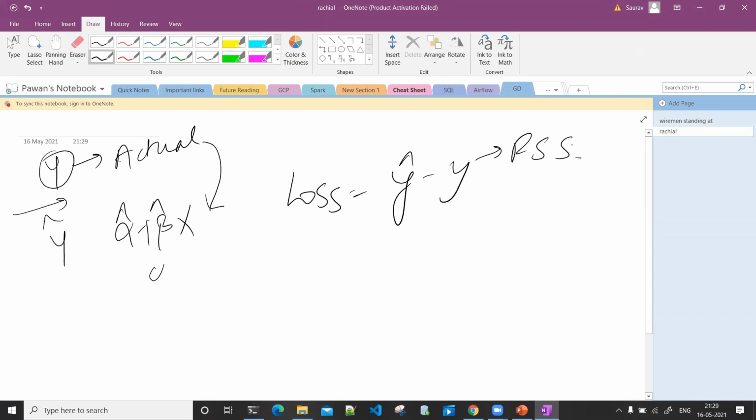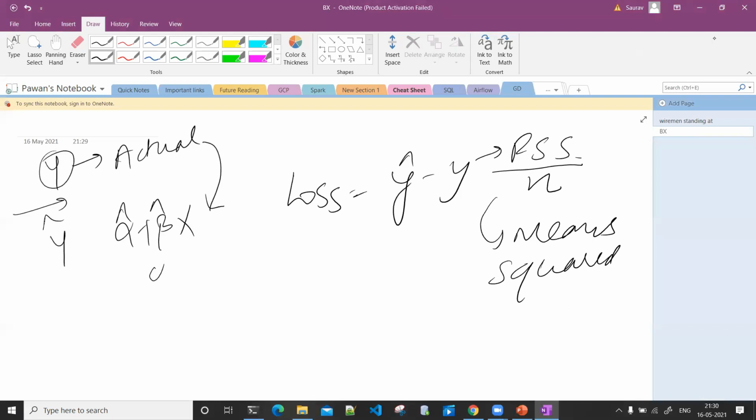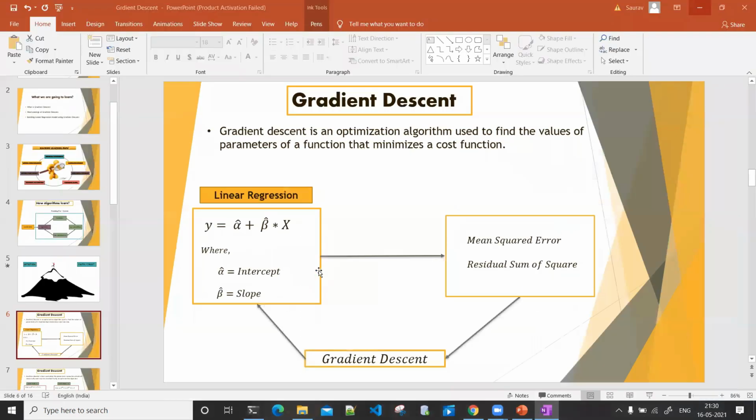RSS, residual sum of squares. And if you divide it by n, the number of observations, it is known as mean squared error. So we use this linear regression algorithm, and we predict something, and then we calculate the loss.